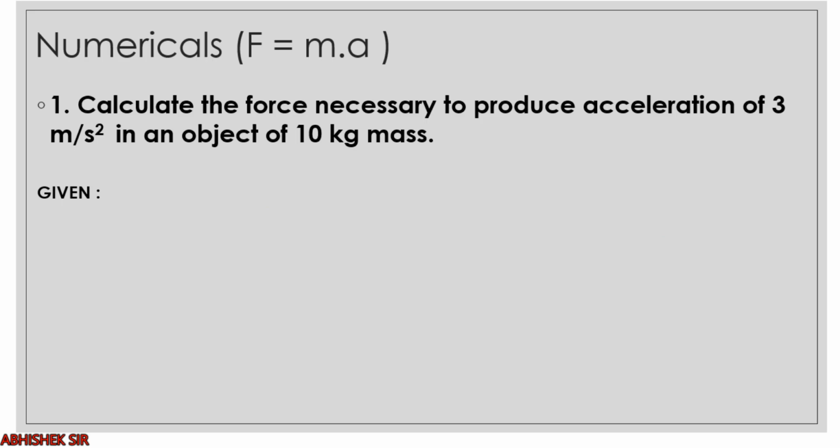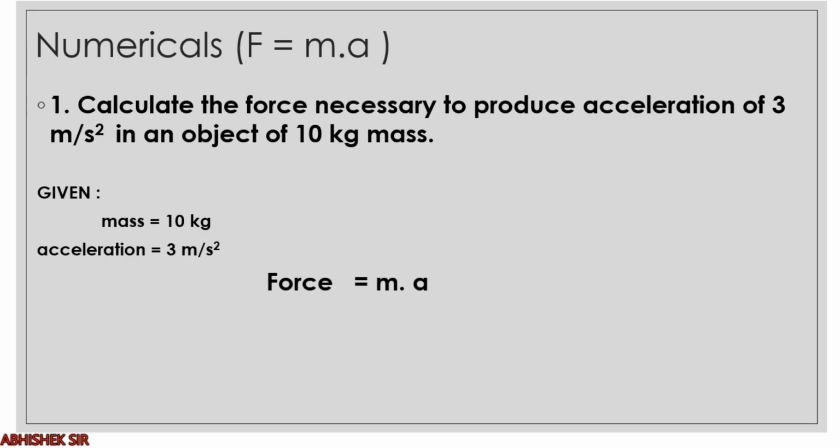Now, on the basis of the formula F equals ma, we may have a few numericals. For example, calculate the force necessary to produce an acceleration of 3 meter per second square in an object of 10 kilogram mass. So you are finding force. Before you solve any numerical, just make a list of what is given. Mass 10 kilogram is given, acceleration 3 meter per second square is given.